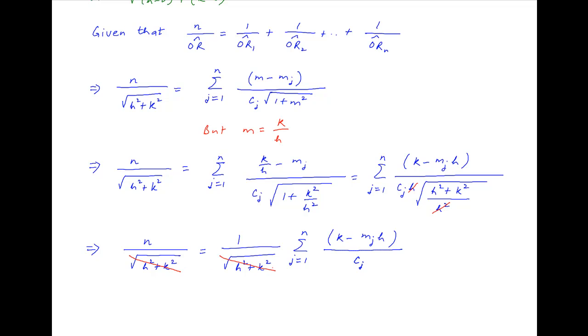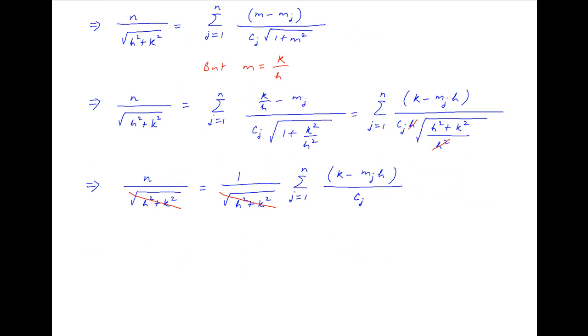Root h square plus k square cancels across the left hand side and the right hand side in the denominator, and we therefore get n is equal to k times summation 1 upon cj minus h times summation mj upon cj, where j goes from 1 to n.